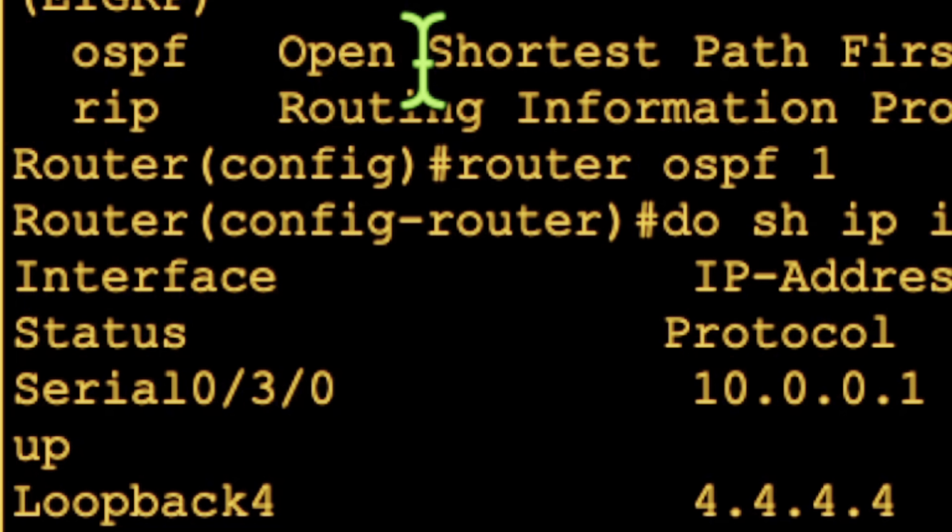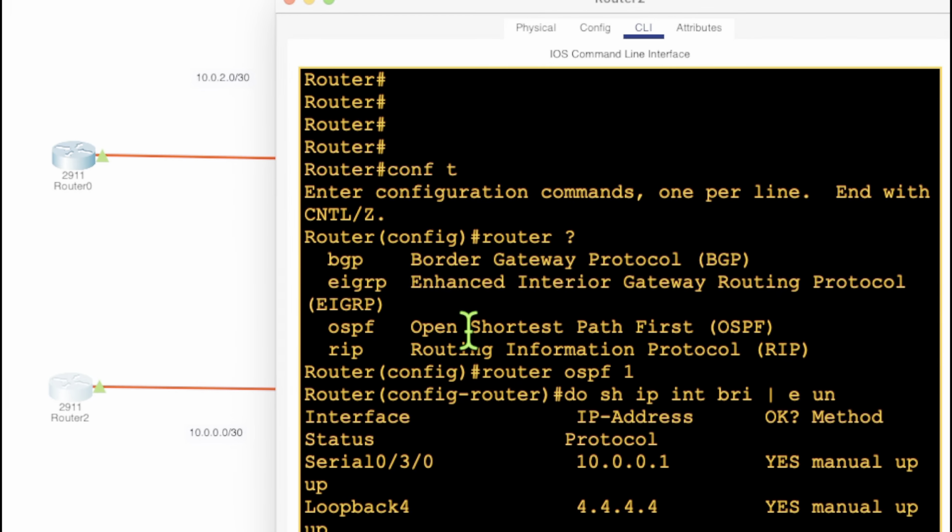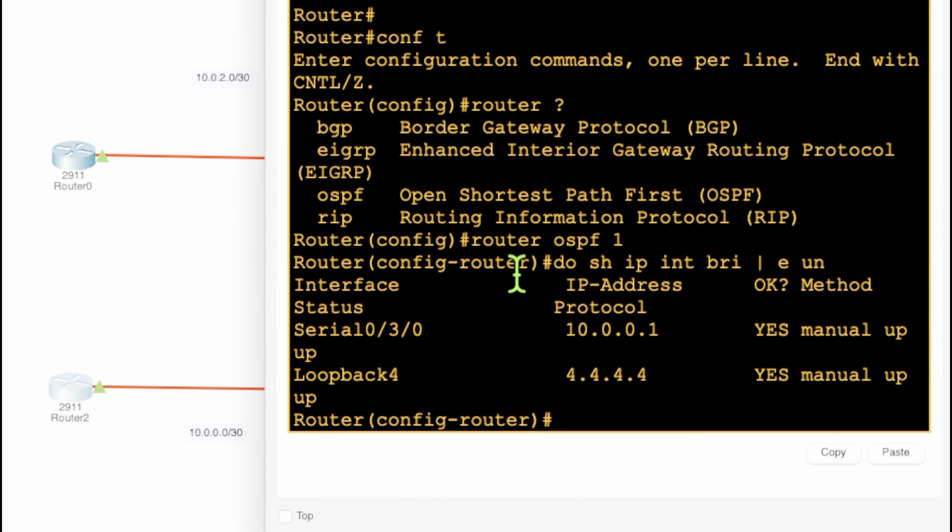So there's another way to advertise these networks. There are actually 4 different ways you can advertise a network, and I'm only showing you 2. All right, so this is the second way, so pay attention.